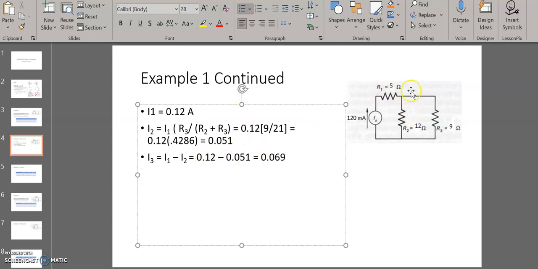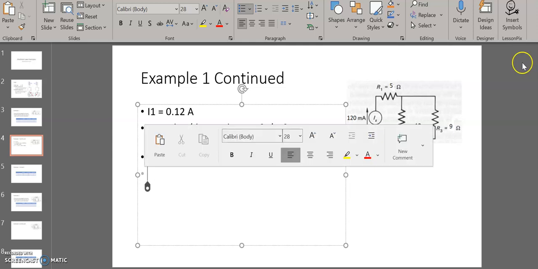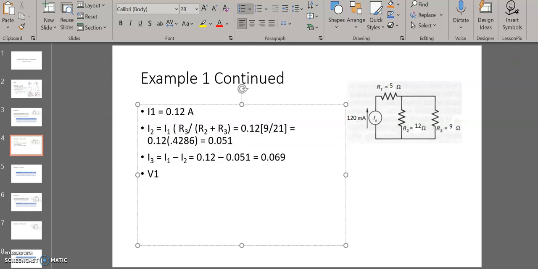Now that I know the current across all three of the resistors, and I know the resistor values, I can easily find the voltages. So that's what I'm going to do. I'm going to use Ohm's law now to find the remaining values, since I know the others. We're going to go ahead and start with V1.